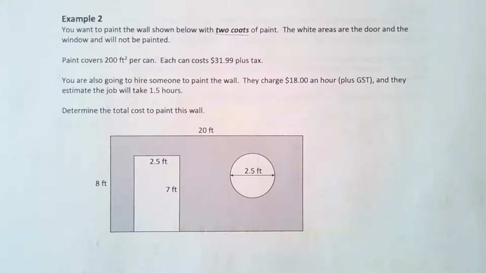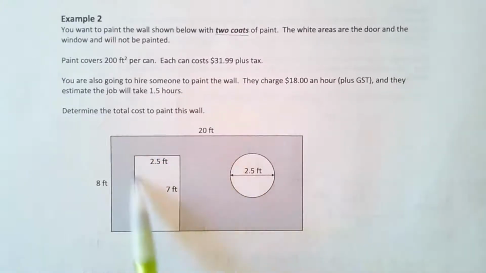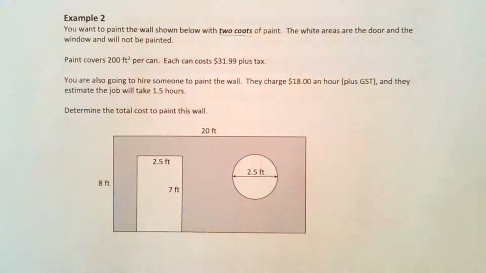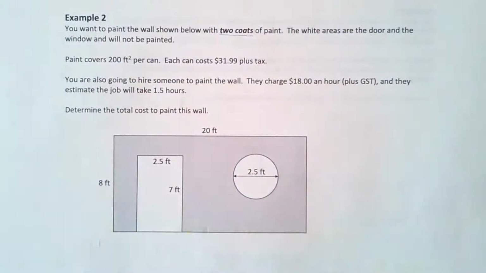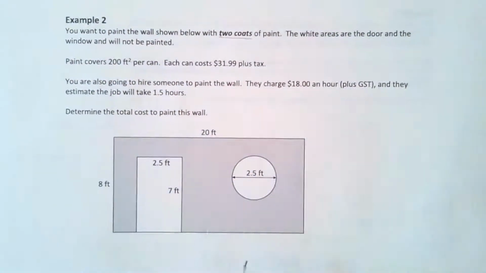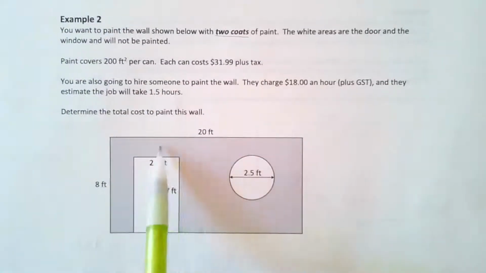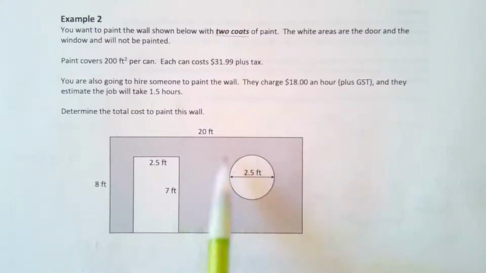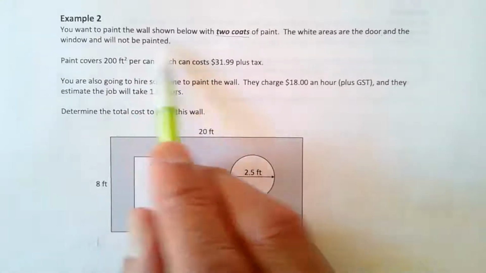Now, you want to paint a wall shown below with 2 coats. The wall to be painted is the shaded area here. This is the door, and that's the window. You want to find how much it will cost to paint the wall with 2 coats of paint.